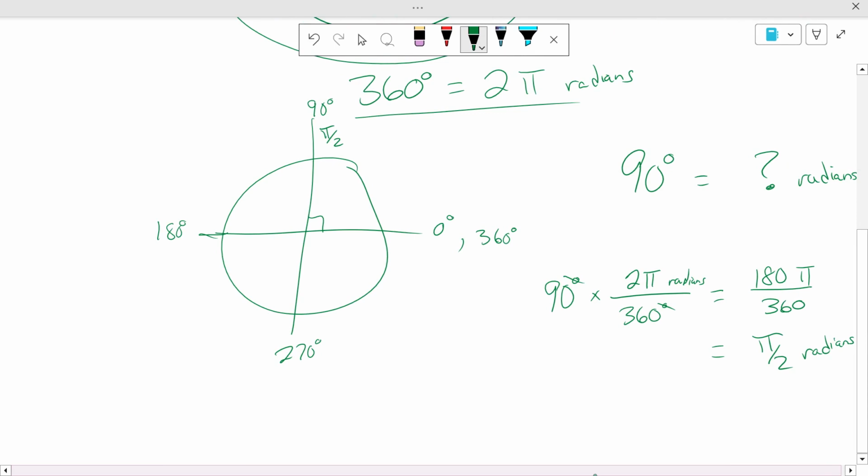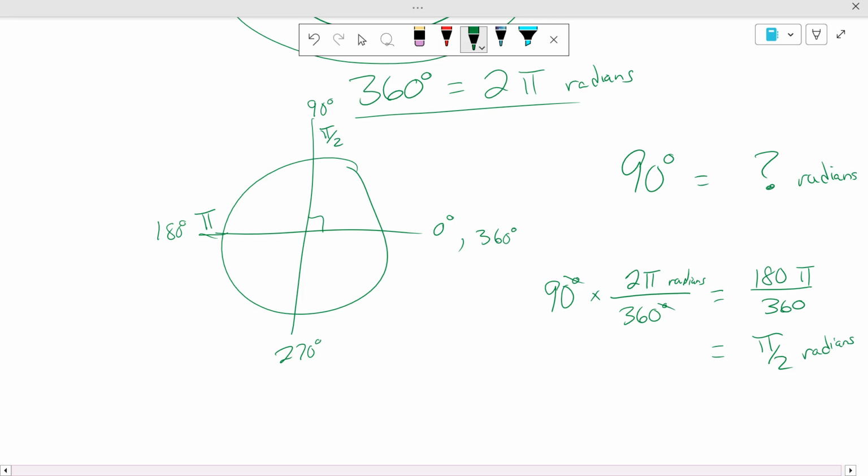So if 90 degrees is pi over 2, how many radians is 180 degrees? I'll make this easier on you. Pi over 2 is the same as 1/2 pi. If 90 degrees is 1/2 pi, how many radians is 180 degrees? 1 pi.